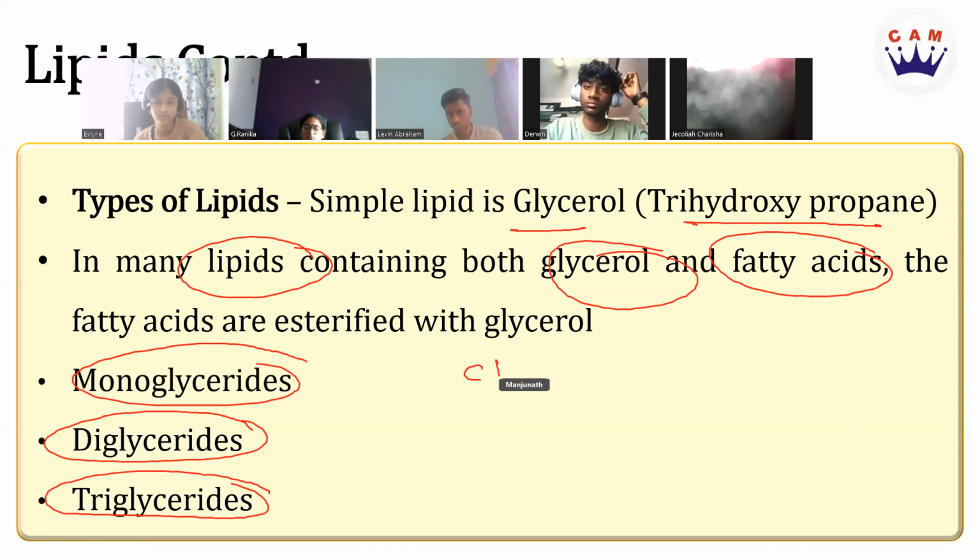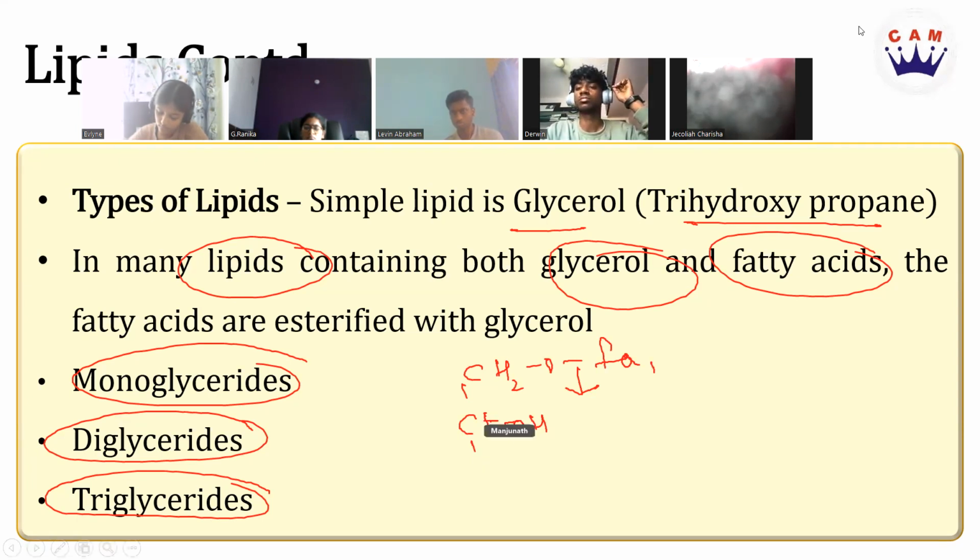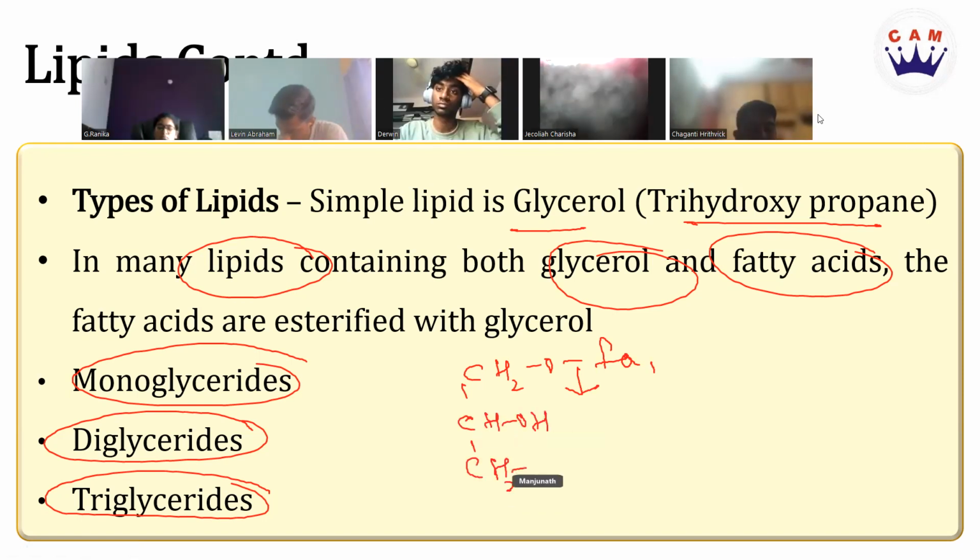The bond that is responsible for the attachment of fatty acid to glycerol is called as ester bond.